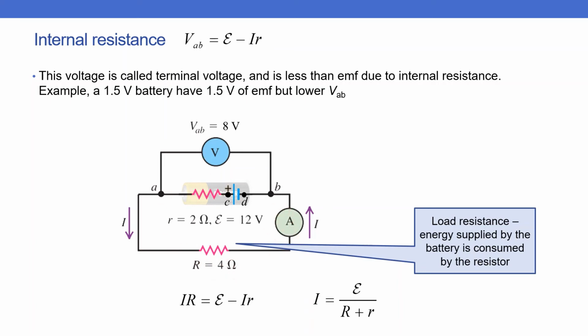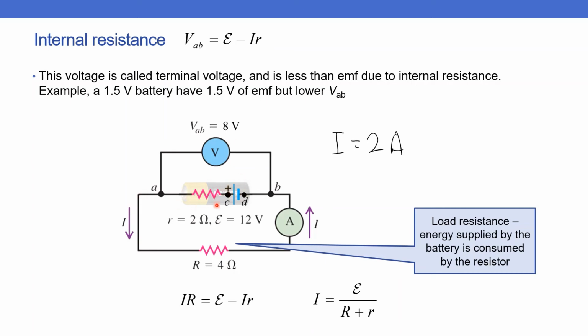If you calculate using the amounts given here, you will get the current will be 2 ampere, and the voltage will be 8 volts. So this VAB is actually what will come out from the battery. This is the potential difference between point A, which is outside of the battery, and point B, which is also outside of the battery. So this is what you can actually see using the voltmeter.